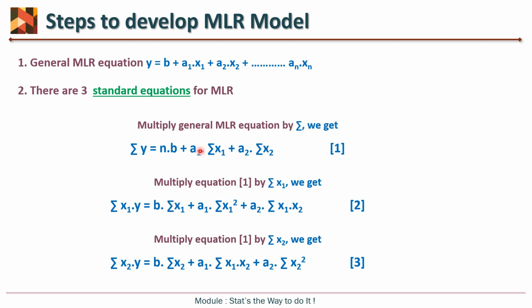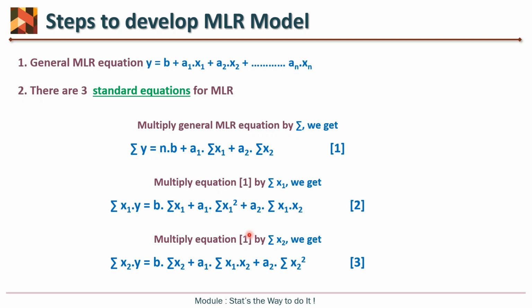Then a1 summation x1 is already there; multiplying again by x1, it will become summation x1 square, plus a2 summation x2 is already there, multiply by x1, so it becomes summation x1 x2. In this way we get equation number 2.